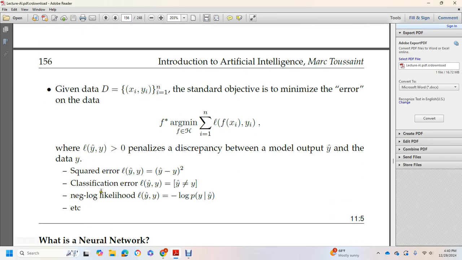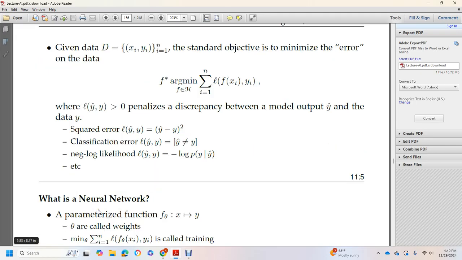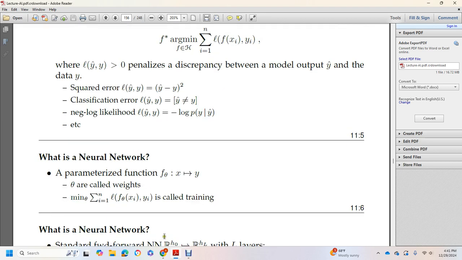Examples are squared error, classification error, negative log likelihood, and so on. The minimization over theta of the sum from i equal to 1 to n of L of f of theta applied to x_i and y_i is called training.